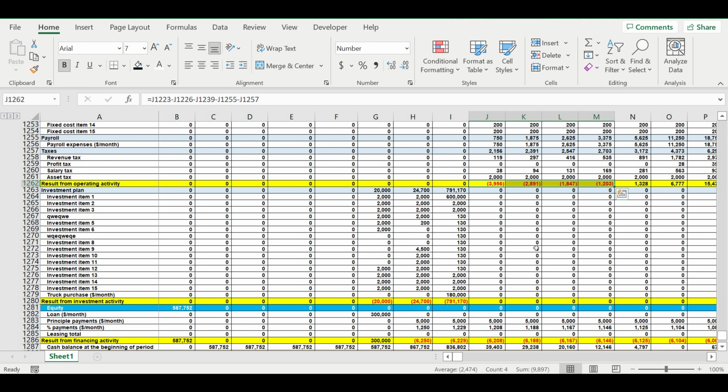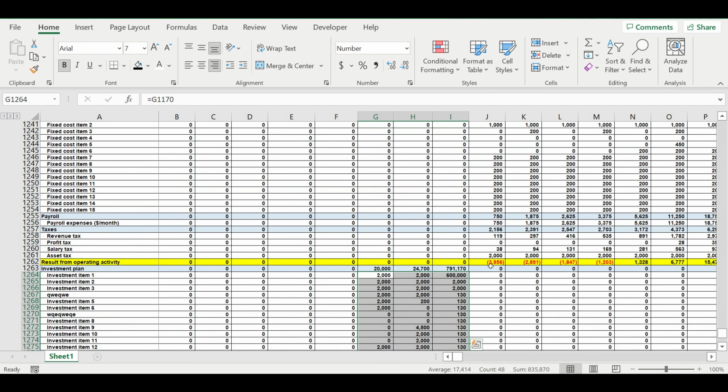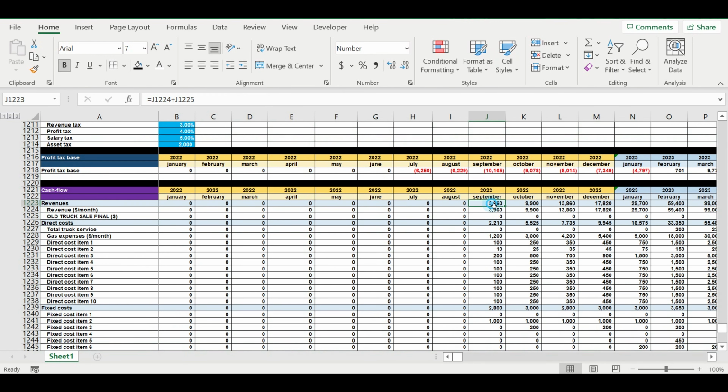By the way, be very attentive when you build financial models, because the amount of financing that you need to find to start the business consists not only of the financing that you need during the investment stage. So for example, this is the investment stage, and this is the operating stage, operating activity, when you first have the revenues.